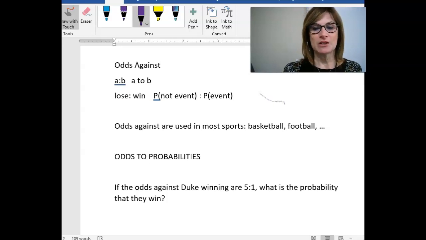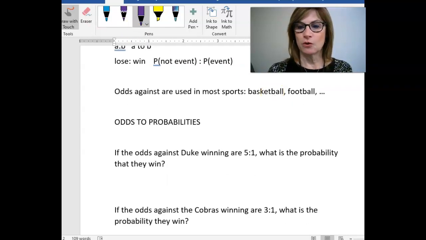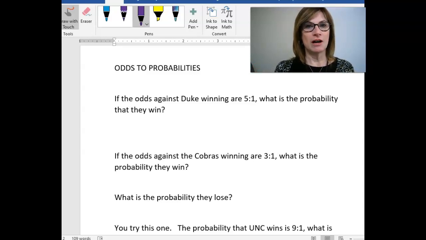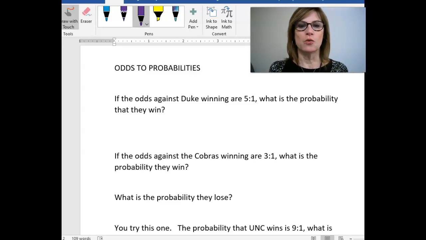Okay, so let's look at a couple of examples, starting out with going from odds to probabilities. People don't typically think in odds. So if the odds against Duke winning are 5-1, what is the probability that they win? Okay, 5-1.